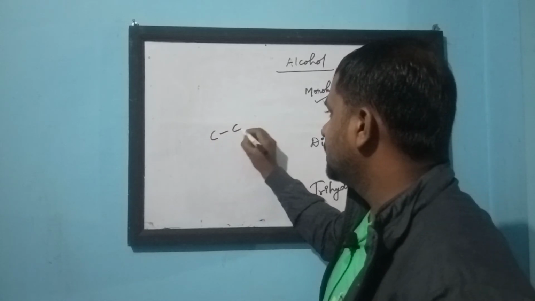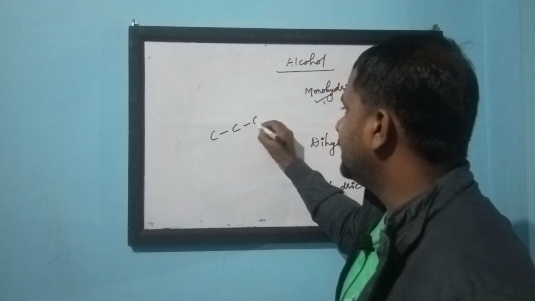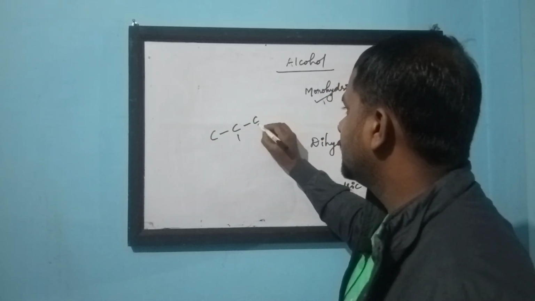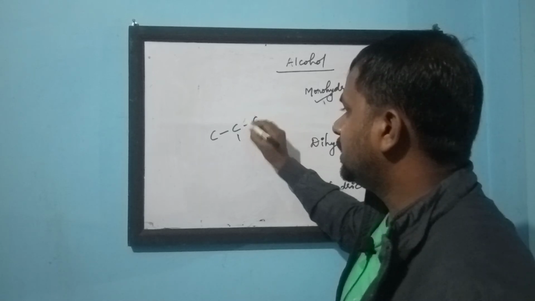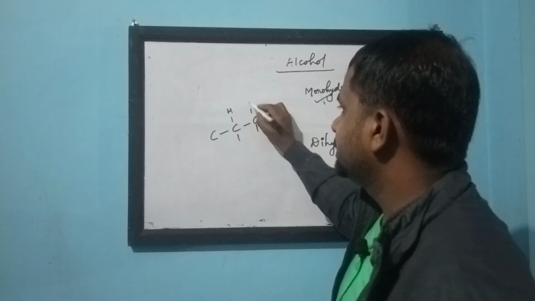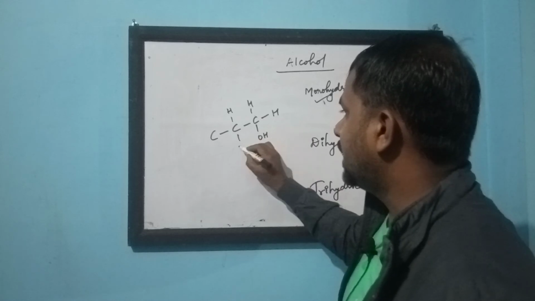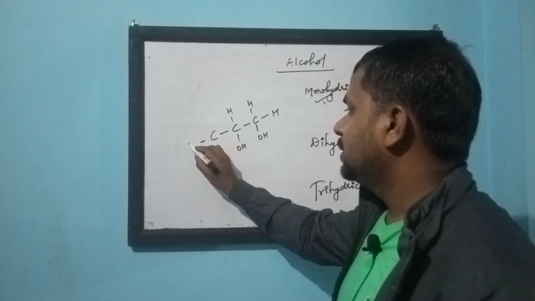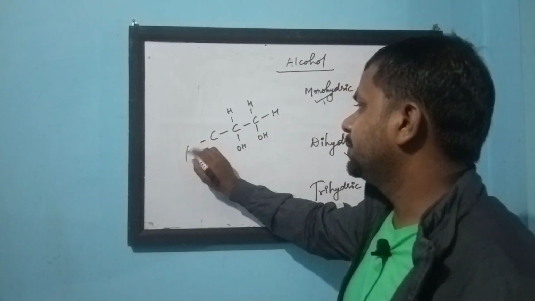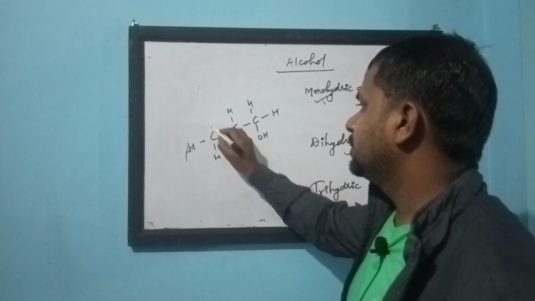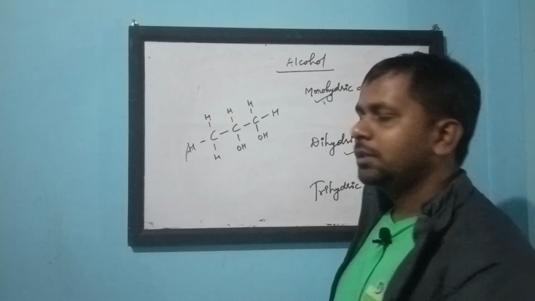Let us see an example of dihydric alcohol. If there are different numbers of carbon in the alcohol, and at two carbons there are OH groups, let us see nicely.